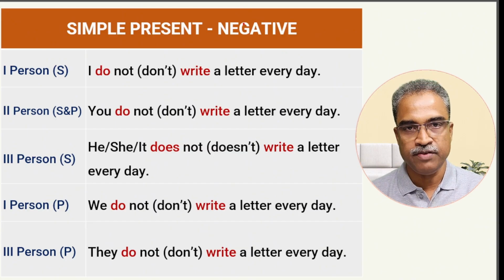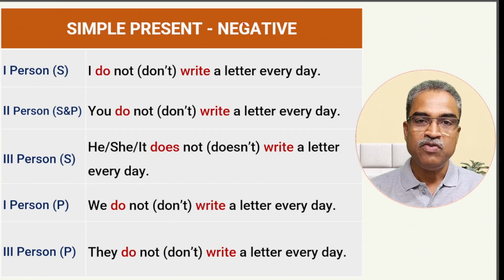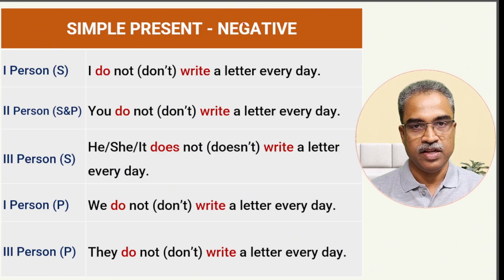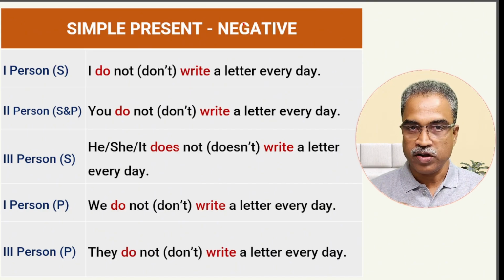See, in the affirmative, we had a special feature here, that is adding an S to the main verb. So here, when we make negative in the third person singular, what we need to do is take that S and add it to the auxiliary verb do.